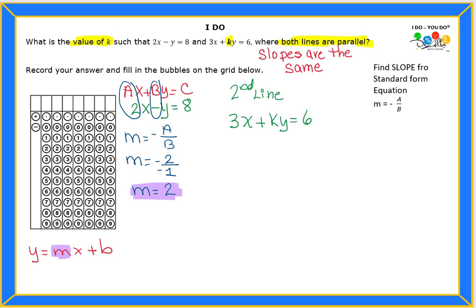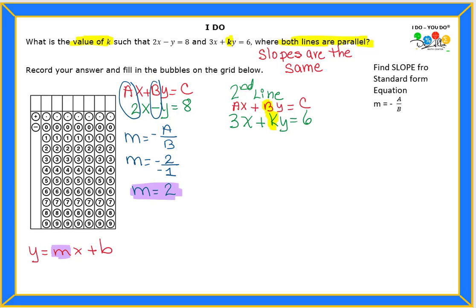The reason for that is because I need to find k. When I write the standard form, ax plus by equals c, it's really going to help us find k, because k is nothing else but the b.